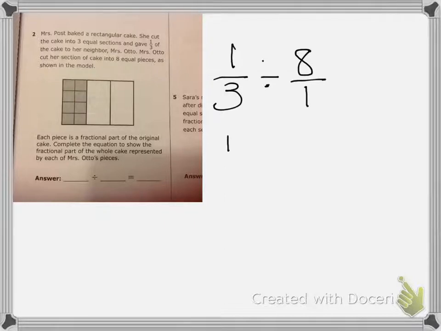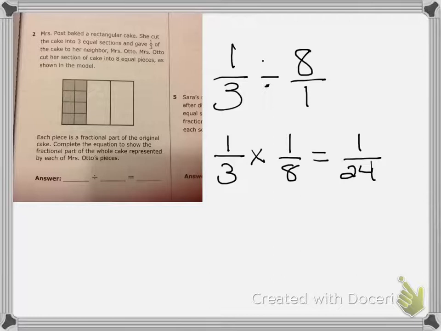We have to then take that 1/3 and we take the 8/1 and we make it 1/8, the reciprocal. And at that point in time, we then multiply. 1 times 1 is 1, and 3 times 8 is 24. So what part of the cake did she eat? She ate 1/24 of the cake.